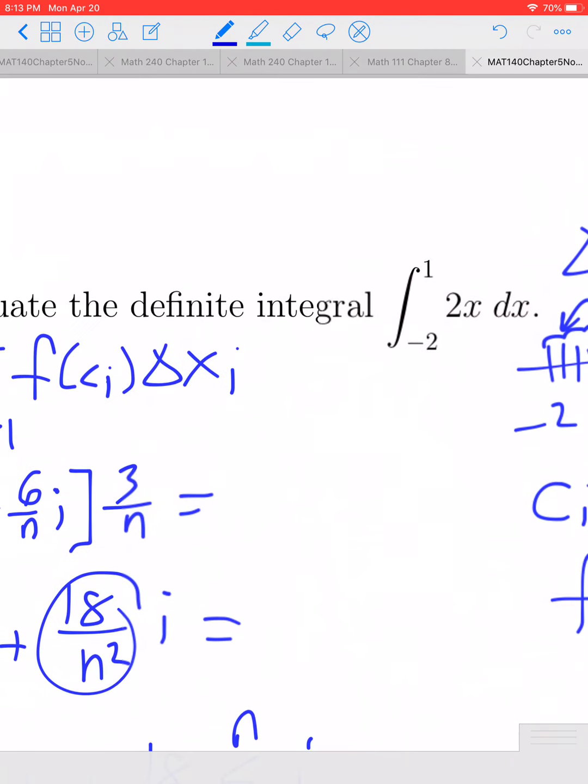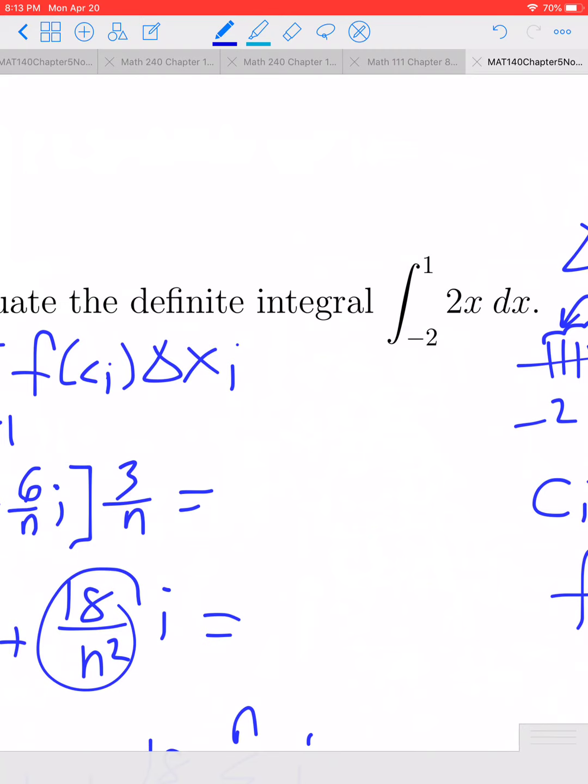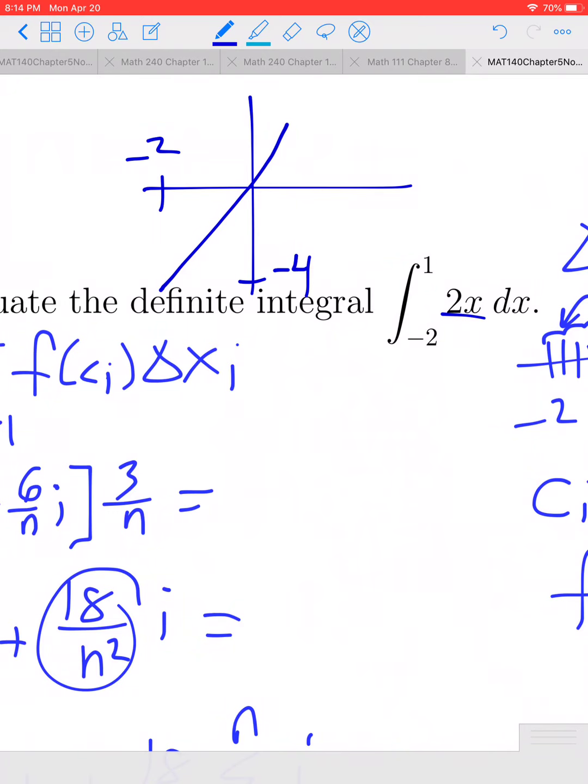If you want to try to get some sense of what was happening here, if we sketch this function, the function 2x is just a basic line graph. It has a y-intercept of 0 and a slope of 2. At negative 2, when we begin our interval, this would be down at a height of negative 4. At positive 1, it would be at a height of positive 2.